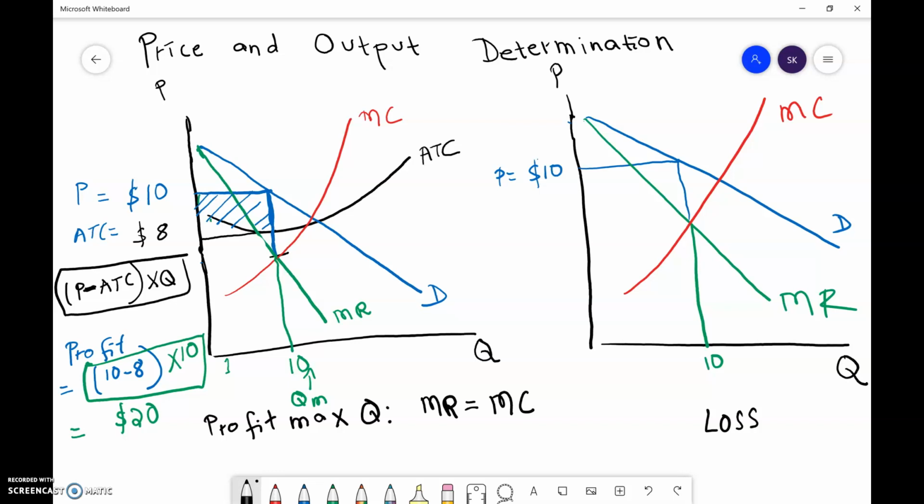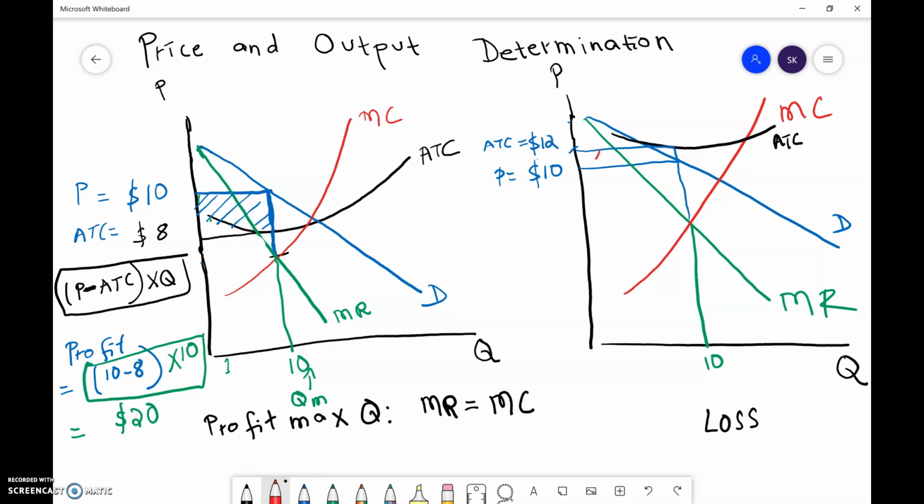What is missing here is the average total cost. So I'm just going to bring in the average total cost. This line is my average total cost. Now I'm going to extend this one here, and this part is the average total cost, which is equal to $12.